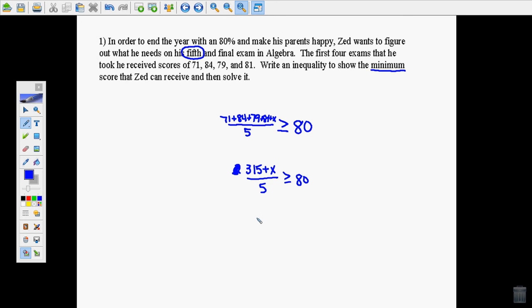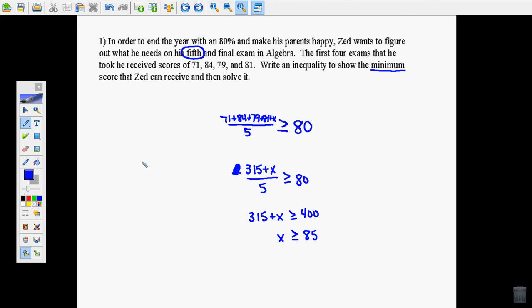Okay, you would multiply by 5, and so 315 plus x is greater than or equal to 400. Now what? Okay, subtract 315, so x is greater than or equal to 85. And so in order to have an 80% average, he needs to get greater than or equal to 85 on that 5th and final exam.